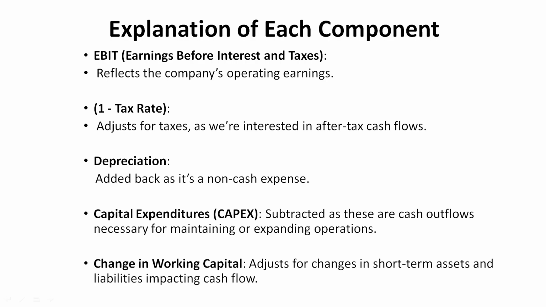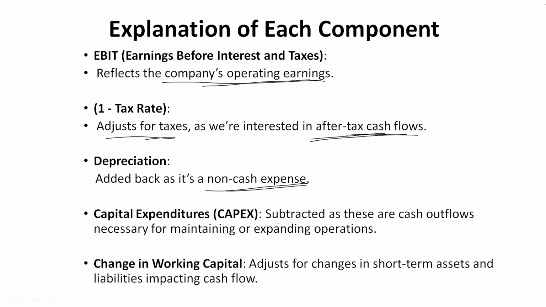So let us take each thing separately. EBIT, as I told you, is earnings before interest and tax; it is the company's operating earnings by means of its operations. Whatever you have earned is called EBIT. 1 minus tax rate is the adjustment for the tax, as we are more interested in finding the after-tax cash flow. Depreciation is added back because it is a non-cash expense.